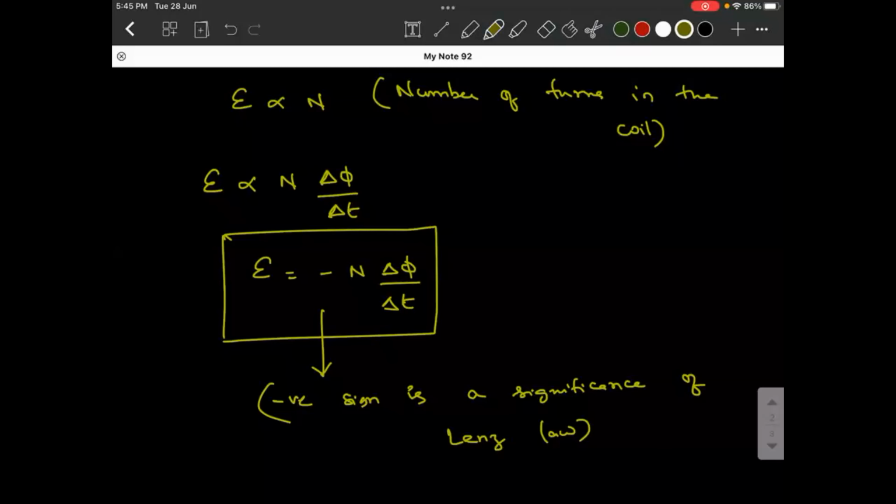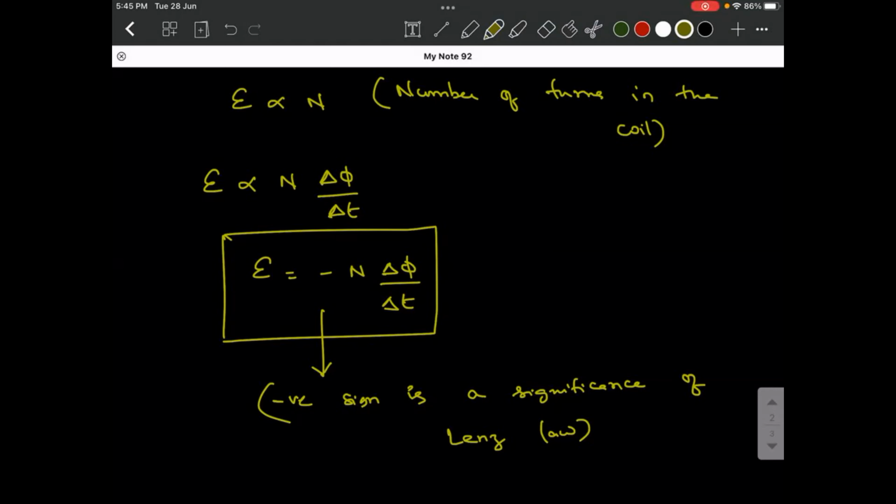Is it clear? That's it. So the negative sign is the significance of Lenz's law.